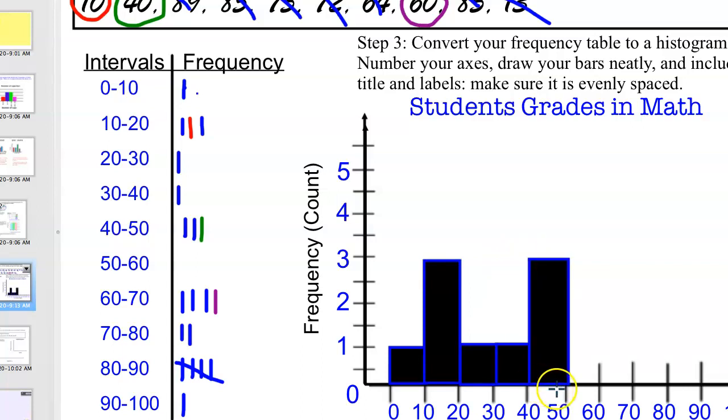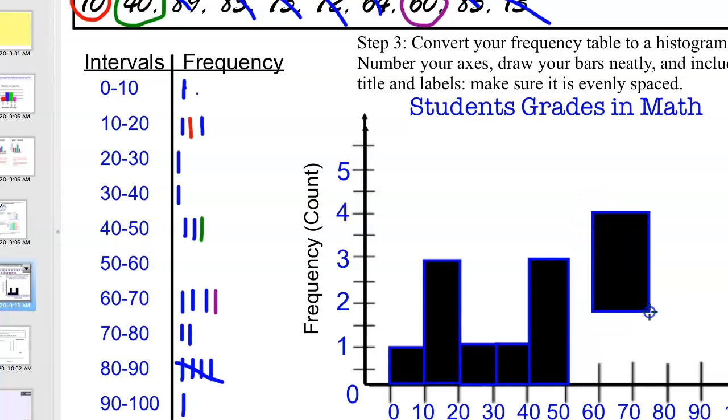Okay. 50 to 60, there aren't any, so you actually leave it blank because it is going to represent 0. I know that I said that they do have to touch, but that's for the intervals. You cannot leave this interval out because the x-axis intervals have to be the same. Okay, so that'll just represent 0. Then from 60 to 70, there will be 4 out here.